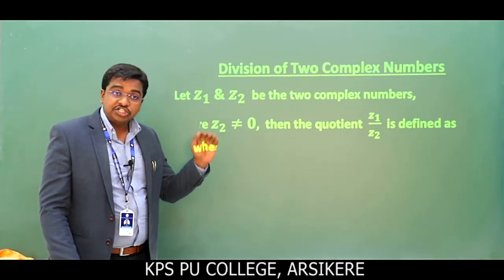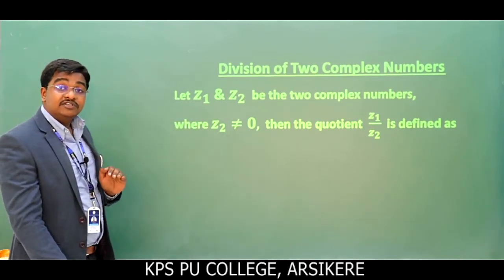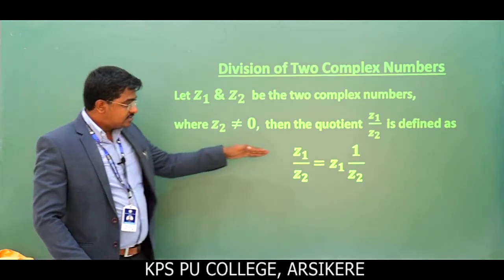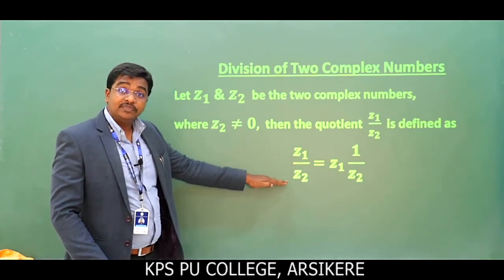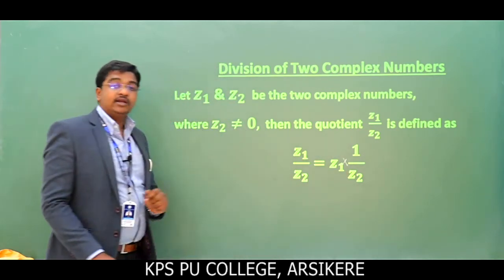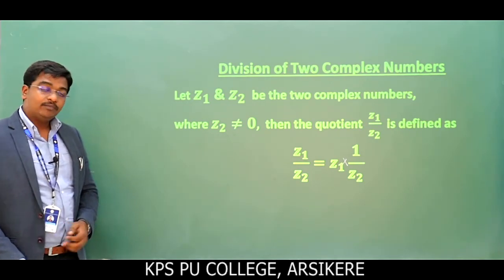Then the quotient z1 divided by z2 is defined as z1 times 1 divided by z2.